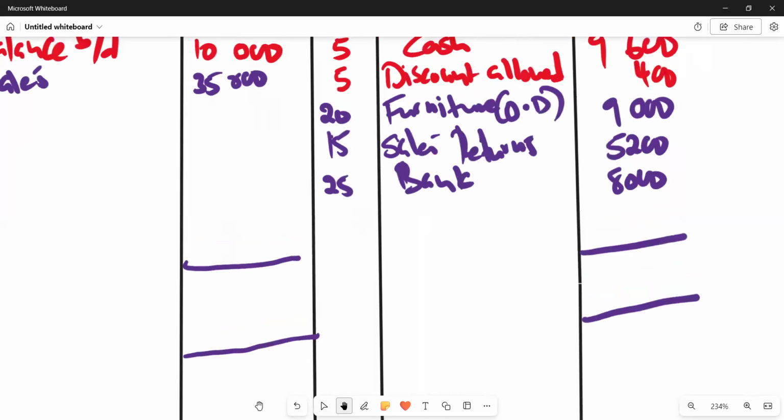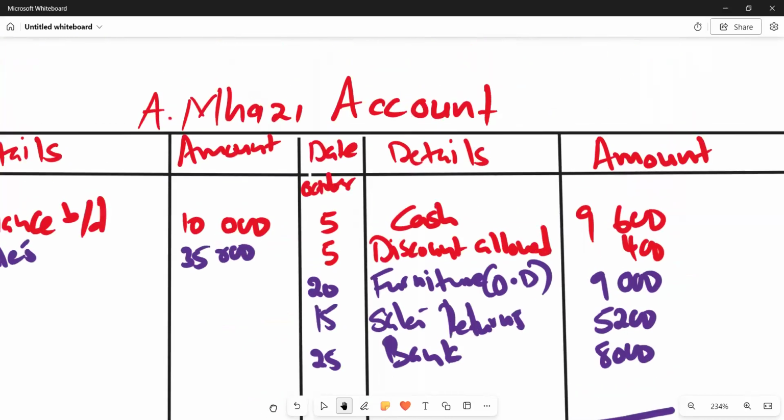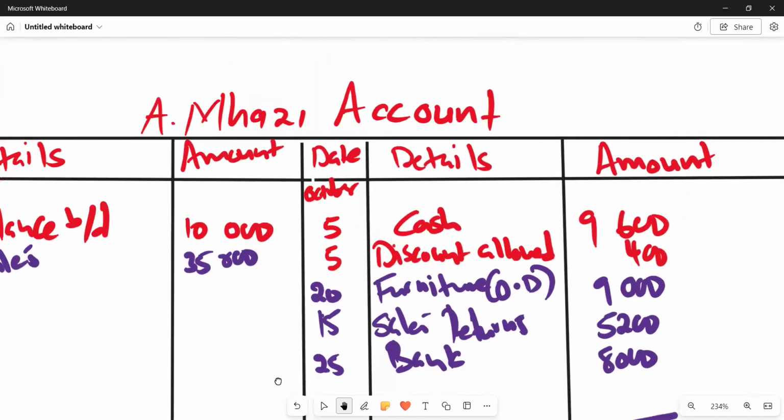So let's add. On the credit side, 9,600 plus 400 plus 9,000 plus 5,200 plus 8,000, you are going to get a total of 32,200. Then on the debit side, 10,000 plus 35,000, you're going to get 45,000.